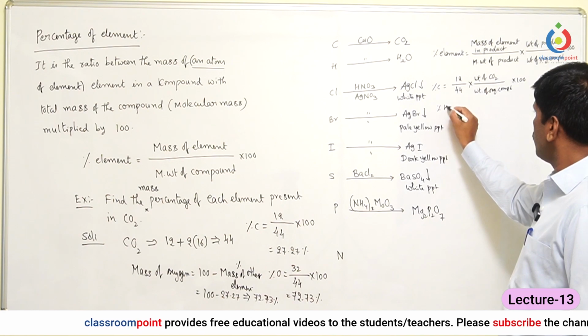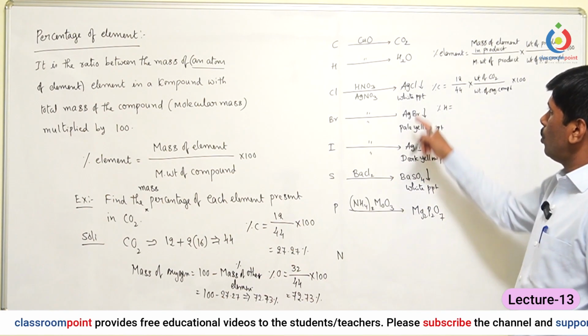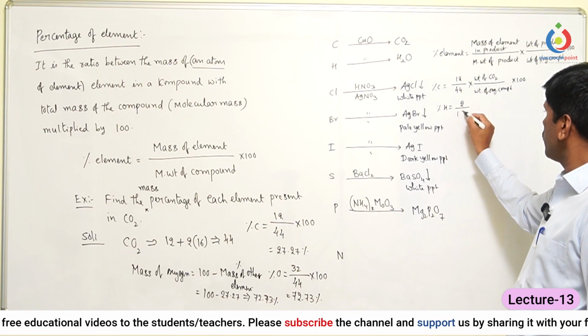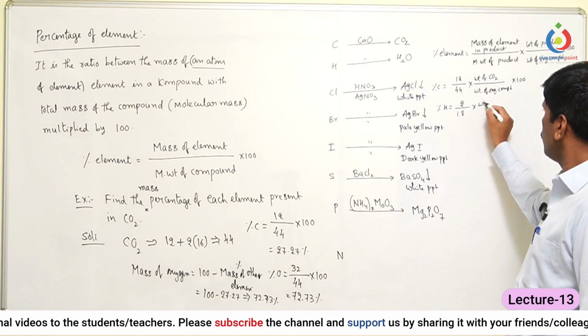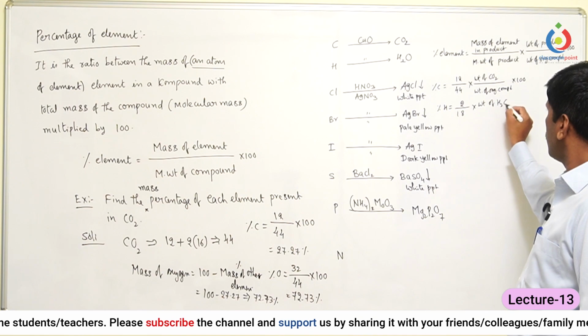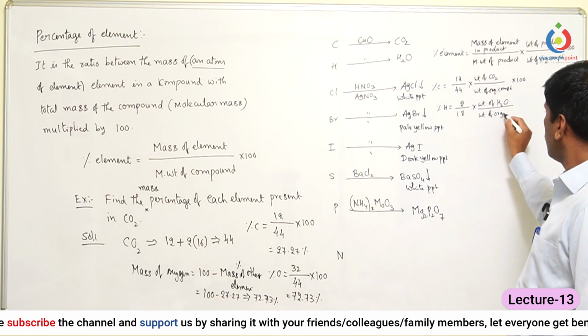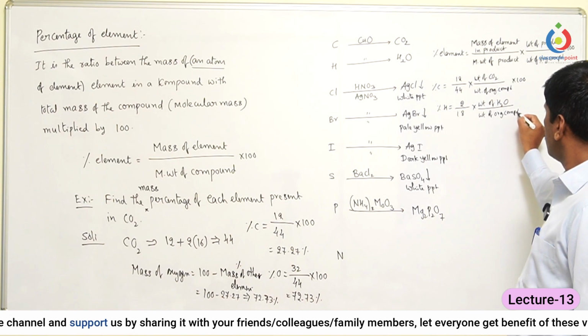Similarly, percentage of hydrogen: 2 hydrogen atoms are present in H2O, so 2 divided by molecular mass 18, into weight of H2O formed, divided by weight of organic compound, into 100.